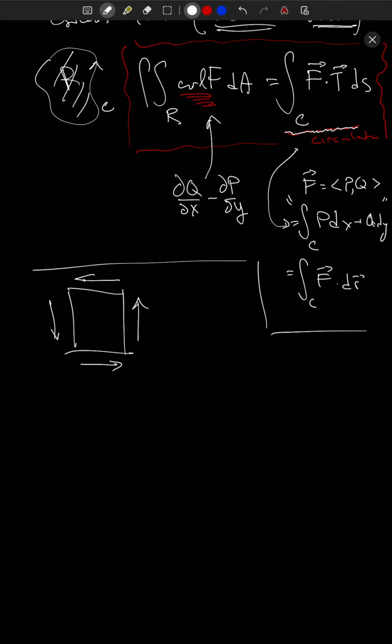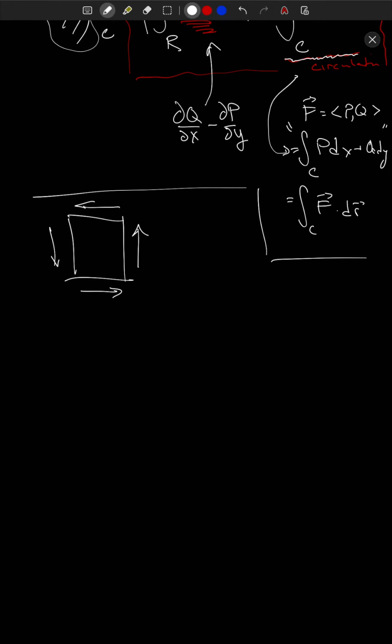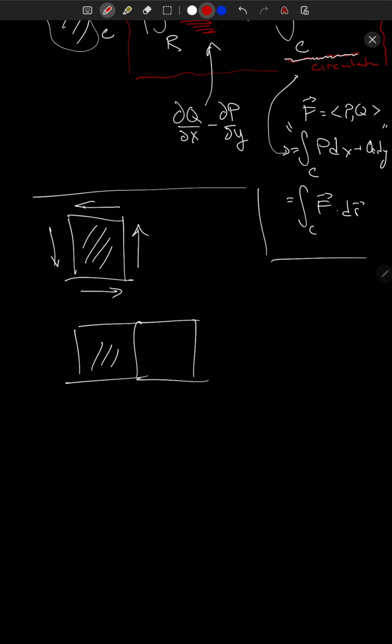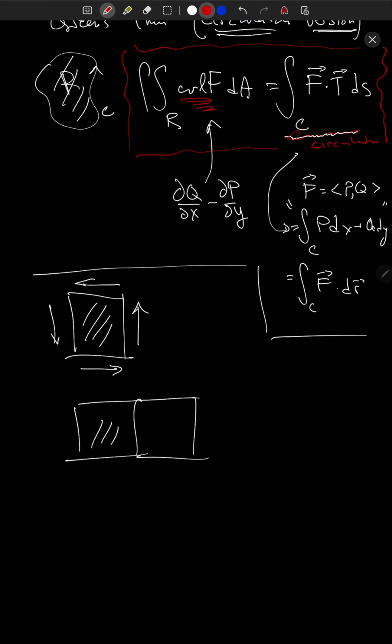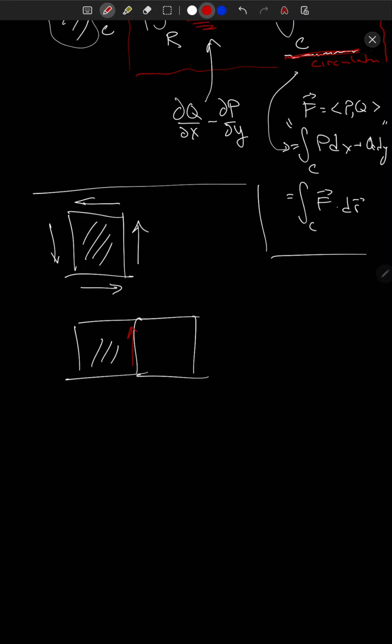Then of course, what you do is you take a general region and break it into rectangles. And you can see it works because for one rectangle you're doing an integral like this. If you have two rectangles side by side, then for the rectangle on the left, when you talk about the right-hand side integral, f dot T ds, you're integrating counterclockwise along the curve, like that, like that, like that, and like that. But on the right-hand rectangle, you're integrating like that, like that, like that, and like that.